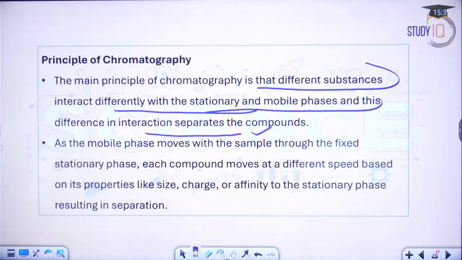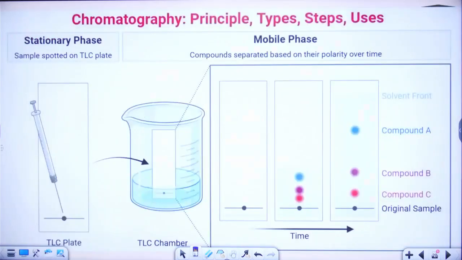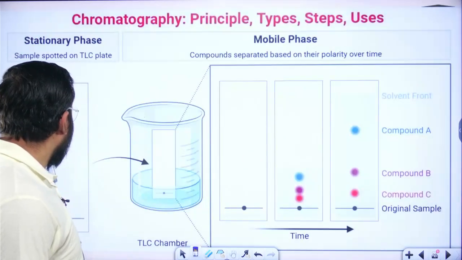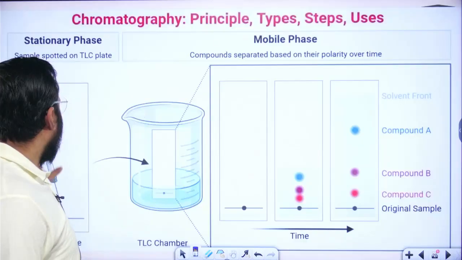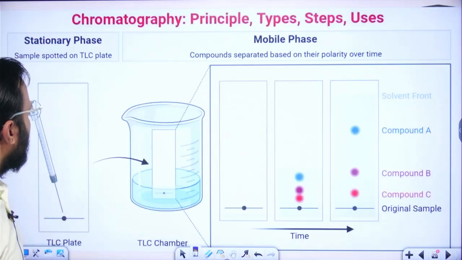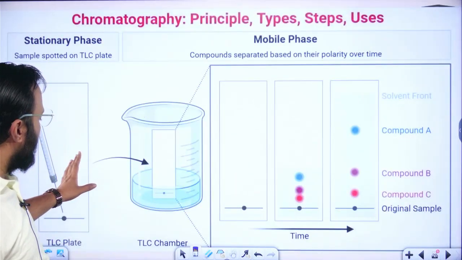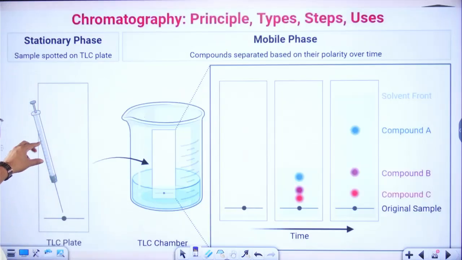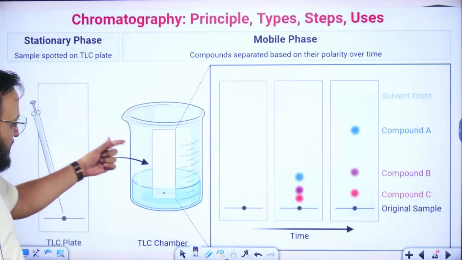You can see this is the TLC, thin layer chromatography plate, the TLC plate. This is the TLC chamber. Here is the liquid mixed with the pigments, and you have just kept that.